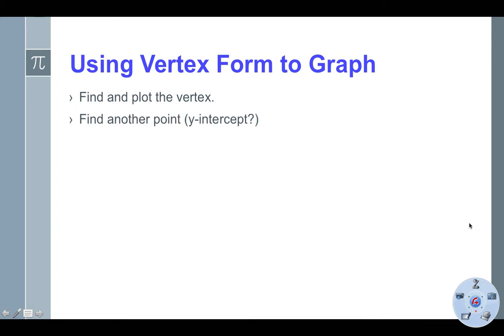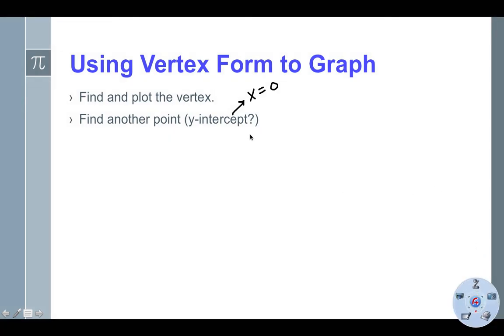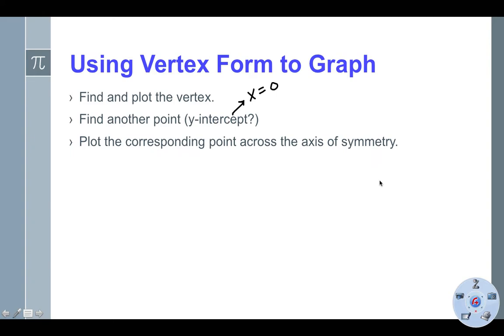We're going to find another point, and more often than not, you can find your y-intercept. Recall, y-intercept means x equals 0. So we can set x equal to 0 to solve for the y-intercept. And as soon as we have a y-intercept or another point, we can find the corresponding point across the axis of symmetry as we did in the last lesson.